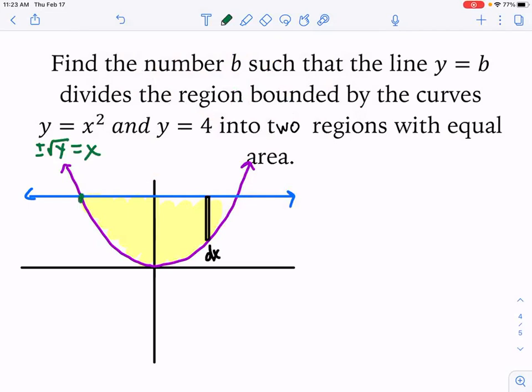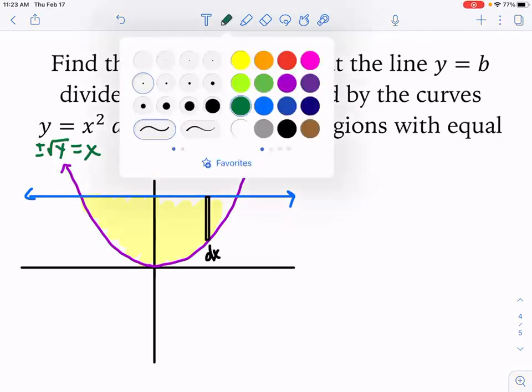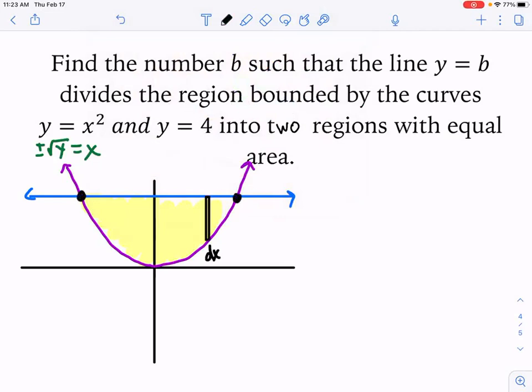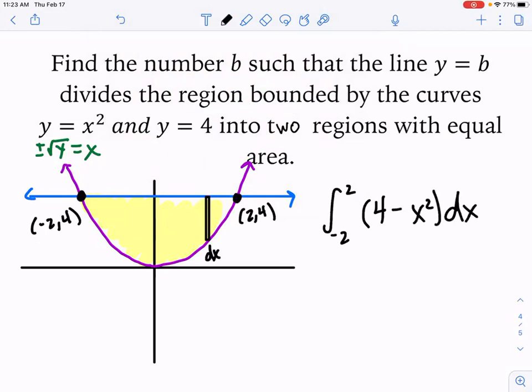So what are these intersection points? y is 4. x is -2 and 2. So we have from -2 to 2 of top function minus bottom function. Find me that.